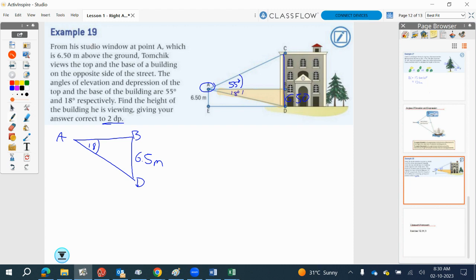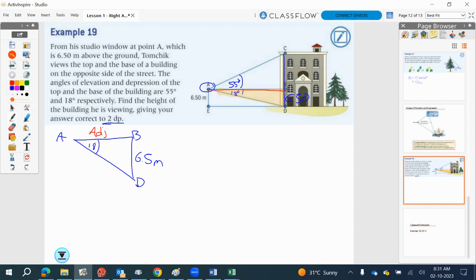But to find BC, there's no information in that triangle. However, the 2 triangles share a common side: the line AB is common to both triangles. If we can find the line segment AB in this triangle, which is the adjacent here, we'll be able to find the length BC in the other triangle.